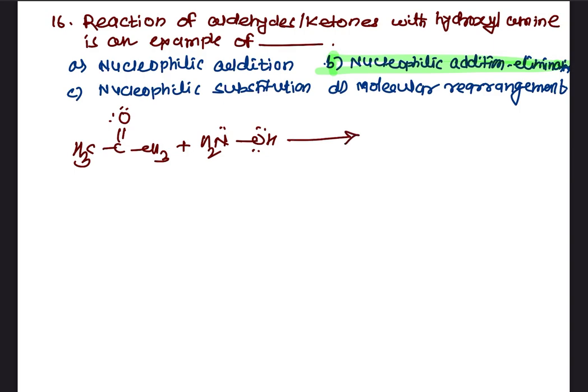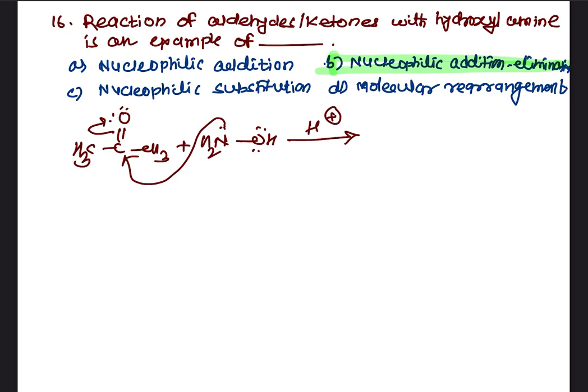On nitrogen one lone pair of electrons is there, and on oxygen two lone pairs of electrons. So which end is the nucleophilic end? The answer is this nitrogen, because nitrogen is less electronegative compared to oxygen, so this nitrogen will donate its pair of electrons very easily. So addition of nucleophile here. Actually this reaction takes place in acidic medium.